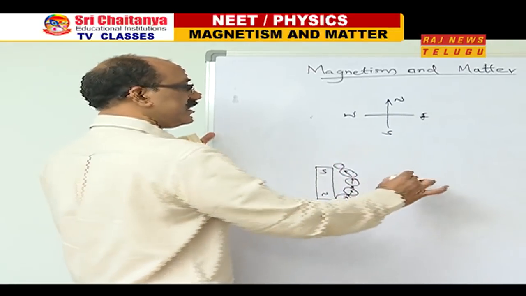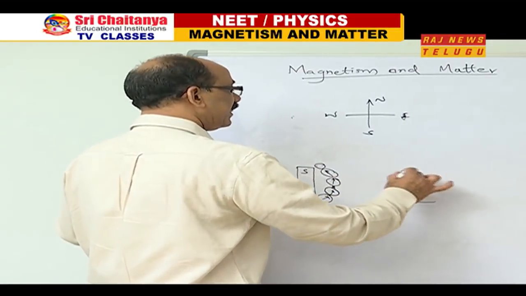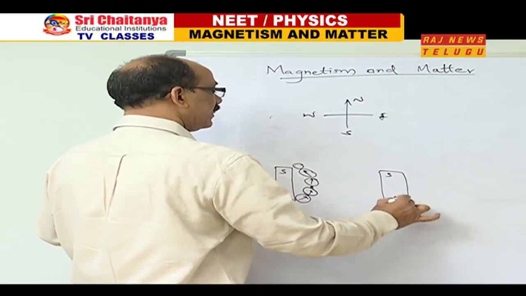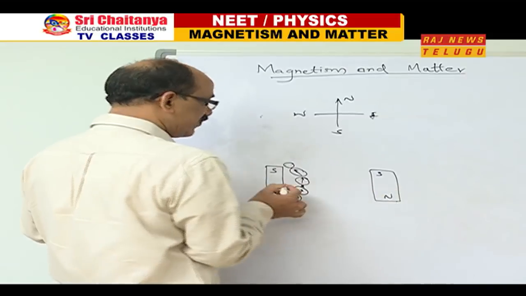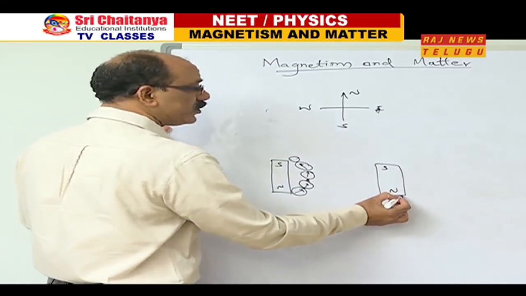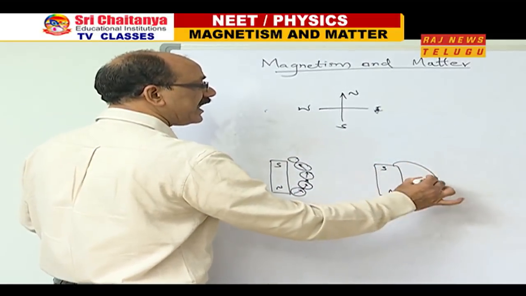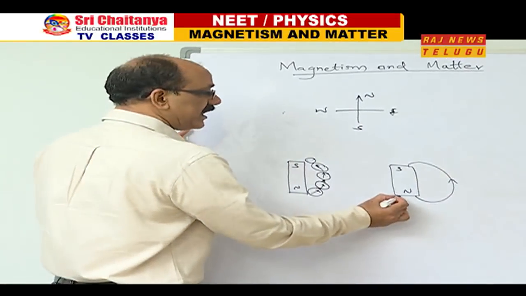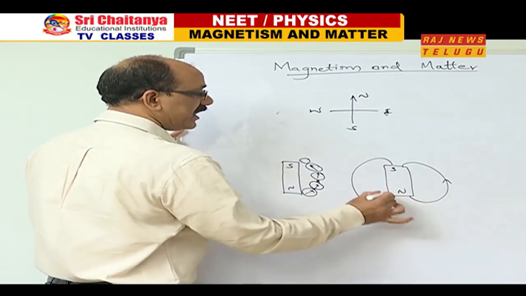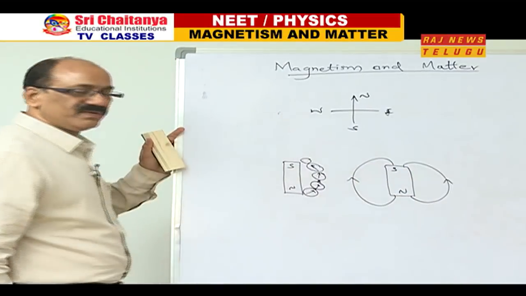If this is the bar magnet, then the magnetic field line, as we have drawn with its help, appears to diverge from the north pole and converge into the south pole. Similarly, on this side if I draw it, they go from north pole to south pole.